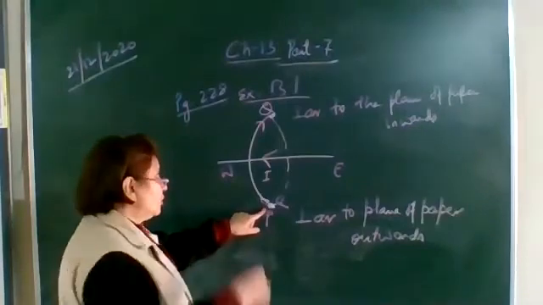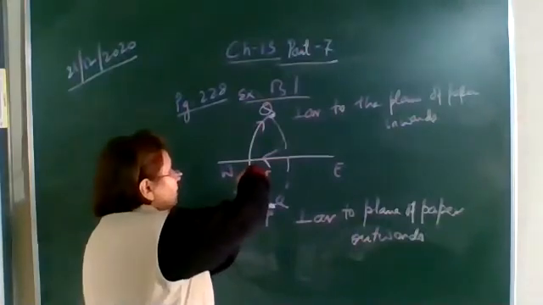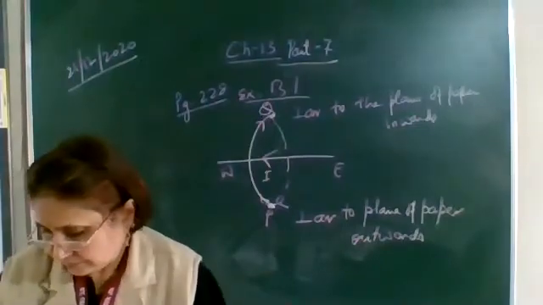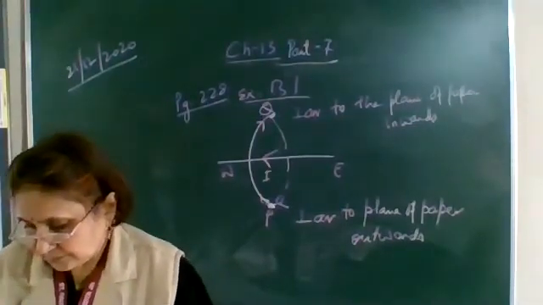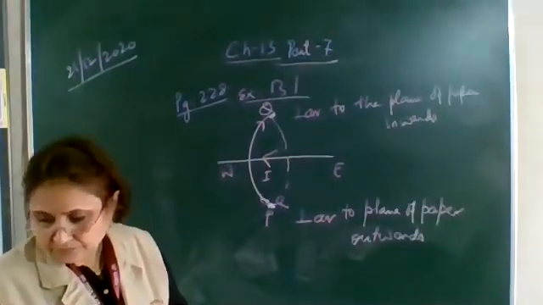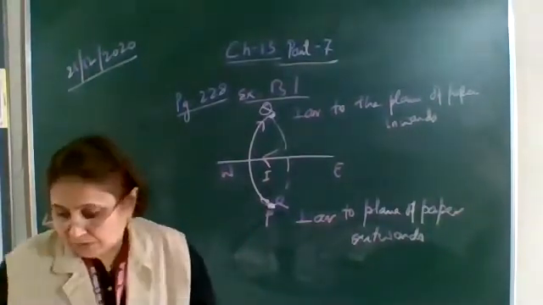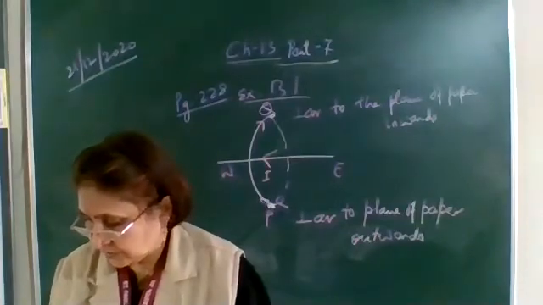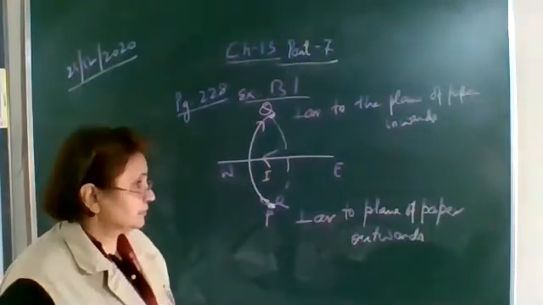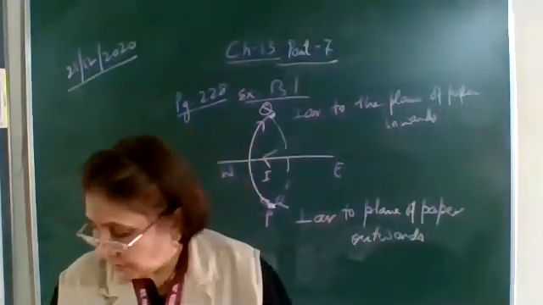These magnetic field lines are from north to south, and at this point it is from south to north. Okay, now let's continue.